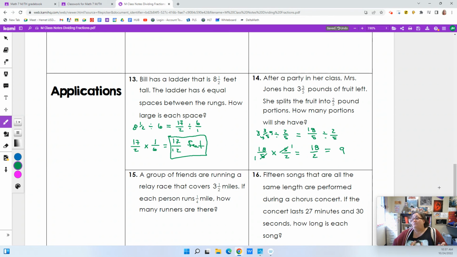Now, we could go ahead and multiply 18 times 5 and 5 times 2, and we'd get that fraction, and then we'd have to reduce it. But if you have the same number in one of the numerators and in one of the denominators, you can cancel them, right? Makes your math so much easier, right? And then we didn't have to really reduce too much. We know that she would have 9 portions, right?